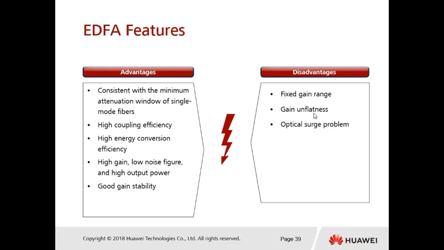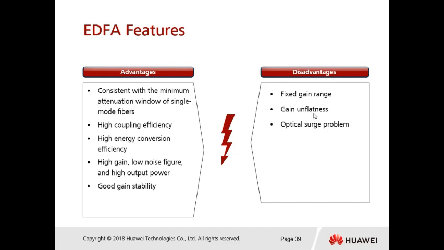Okay, the last disadvantage of our EDFAs is the optical surge problem. So what is the optical surge problem? Okay, the input optical power can be increased quickly using EDFAs, but the dynamic gain of the EDFAs changes slowly. Therefore, the optical surge problem may occur in case of a step change of the input signals.